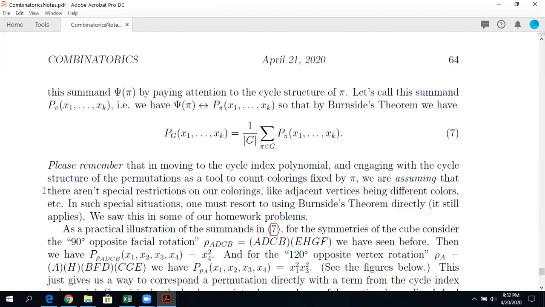And P sub pi of x1 through xk is a polynomial that represents the cycle structure of pi.